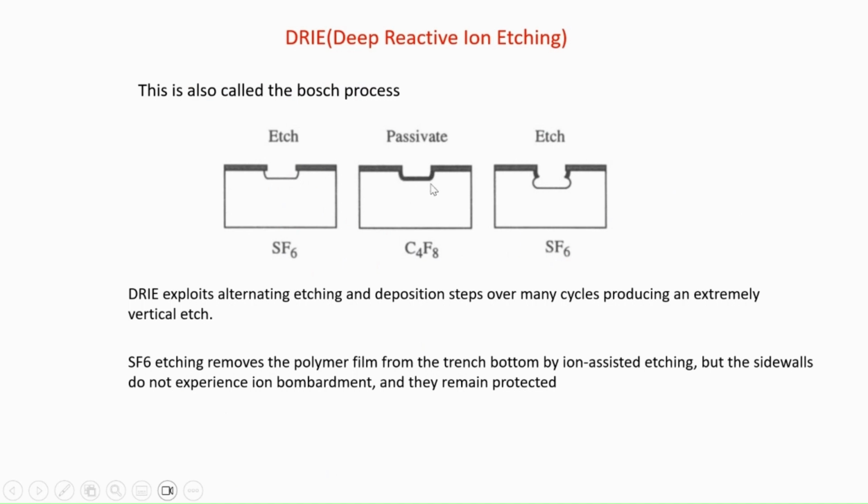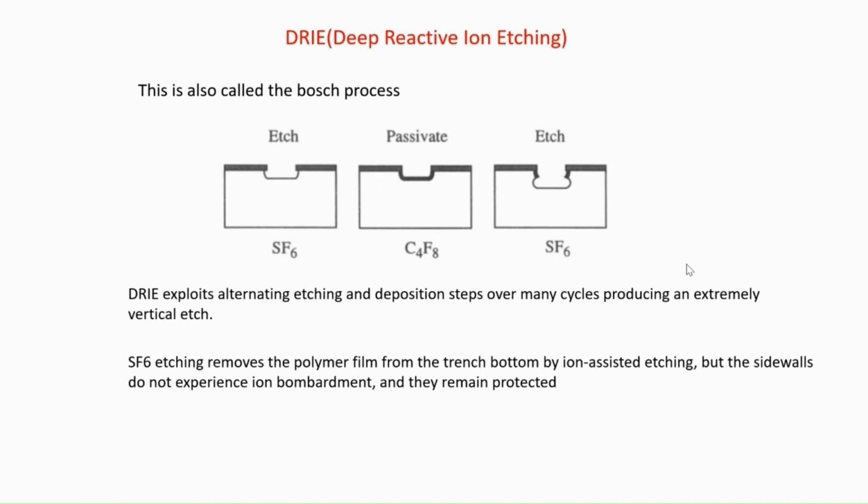So after many cycles of etch and passivate, you will get a straight cylindrical structure downwards with good aspect ratio. Ultimately, you get vertical walls.